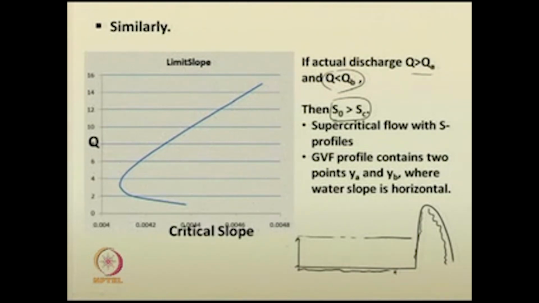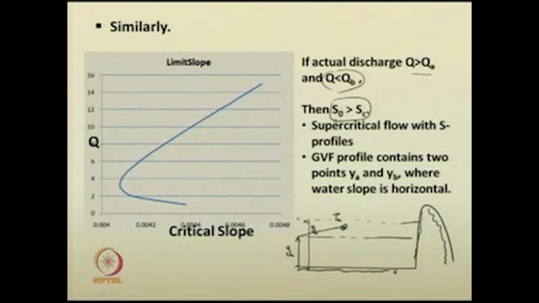Initially, if this is your normal depth, and this is the critical depth line, then your profile initially will be in the following form up to a certain location TA.